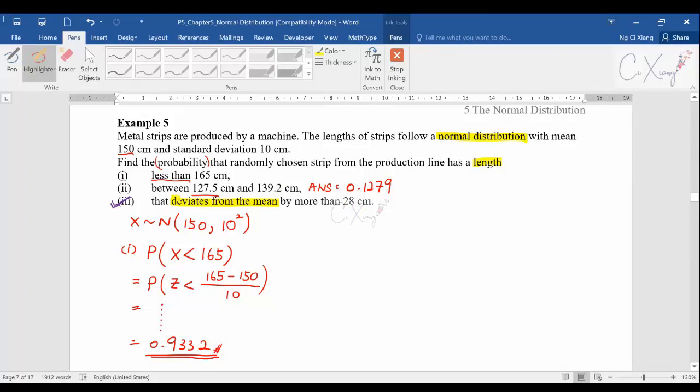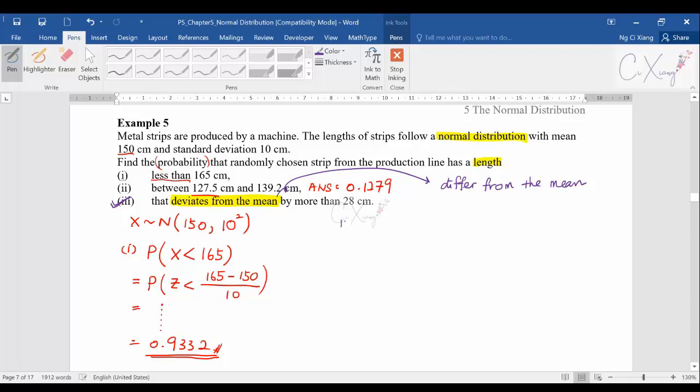So for this kind of question, highlight the words deviates from the mean. Or sometimes you will see the word differ from the mean. Okay, these two have the same meaning: deviates from the mean, different from the mean by more than 28 cm.